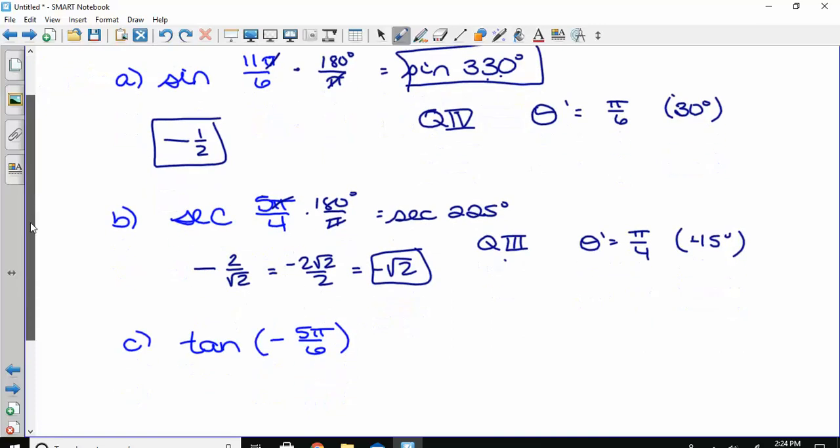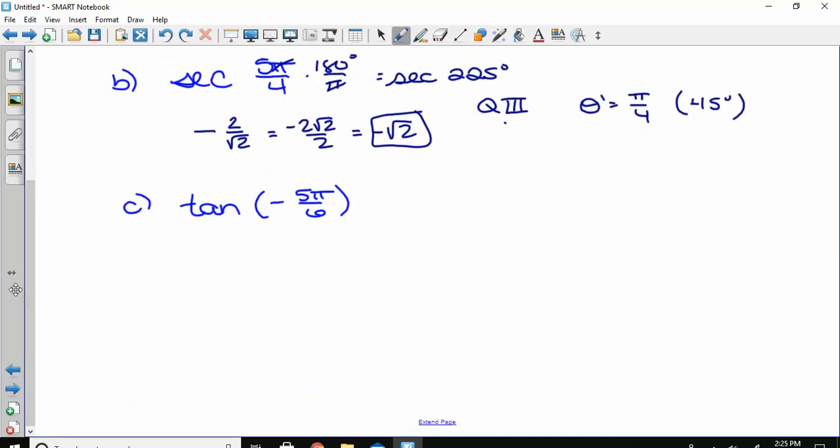For the last one here, if this were in degrees, if I gave you a negative degree measure, what would you do? If I said like negative 90 degrees, what would you do to that first? Add 360. If we're in radians, what's the same as 360 degrees?